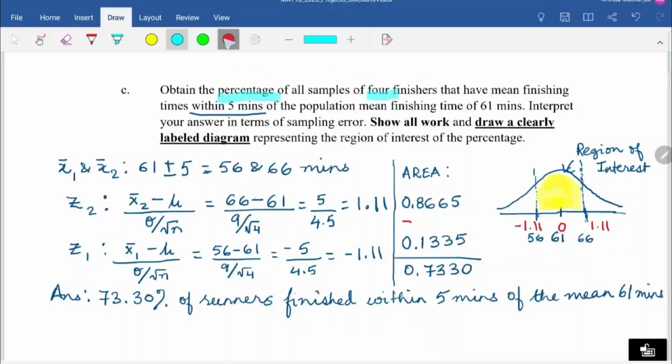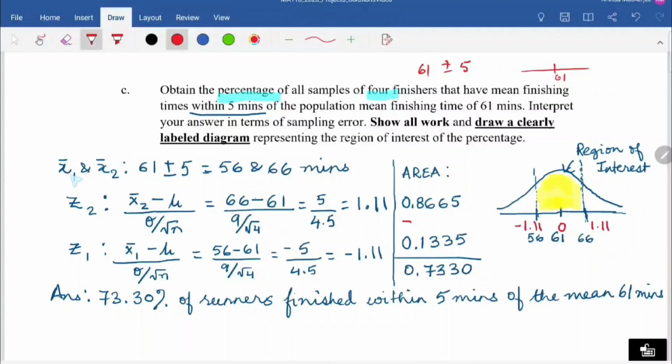It says for 4 finishers that have mean finishing times within 5 minutes of the population mean. So what was the population mean? The population mean was 61. So within 5 minutes means plus minus 5. If 61 is here in the center, then within 5 minutes to the left, 5 minutes to the right.